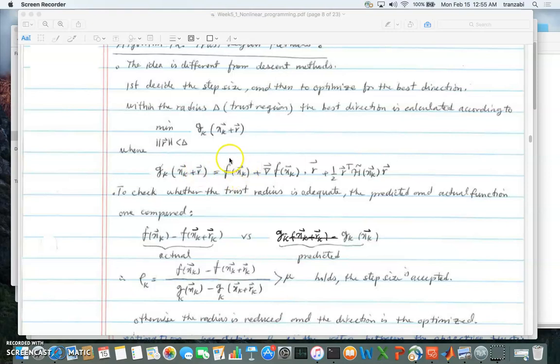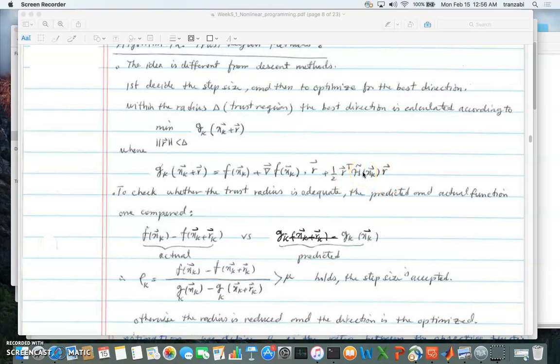It's going to be the function f itself at point xk, and then the change in xk, which is r, times the gradient of f. So that's the second term in the Taylor series, and then plus 1/2 of the change r transposed and then times r. Now you see that because these are vectors, we have to really think about the right position when we do the multiplication. Okay, so r transpose, then the second derivative of f, which is called the Hessian matrix, and then r.